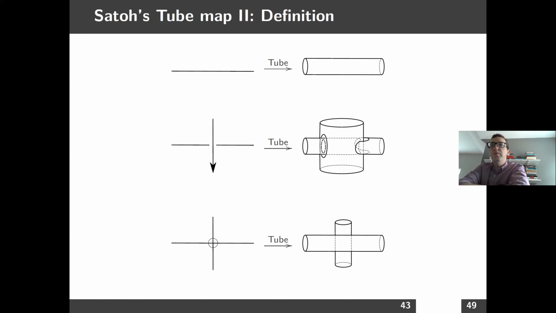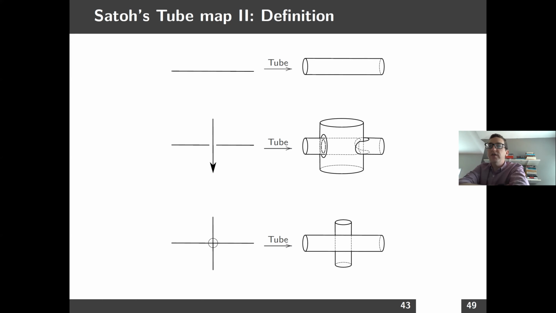All right, so how is the tube map defined? If I have a welded link diagram, I make the broken surface diagram corresponding to that welded link as follows. Along any of the arcs of the diagram, I replace it with an annulus. If I have a classical crossing, I have an annulus which passes through the other annulus as depicted there.